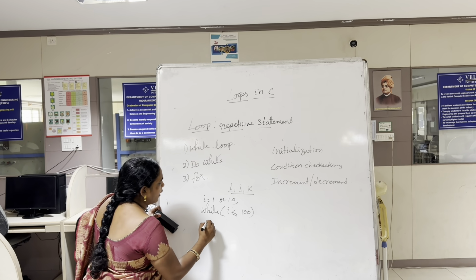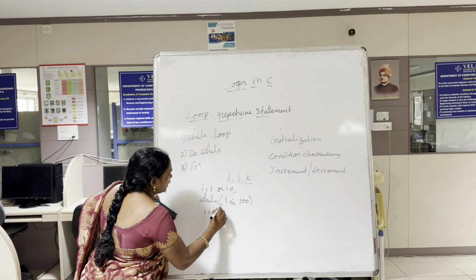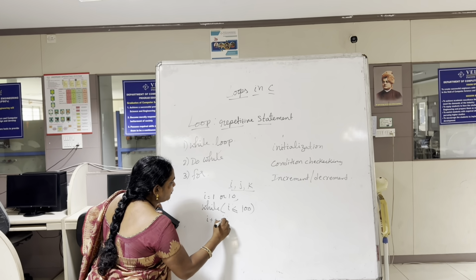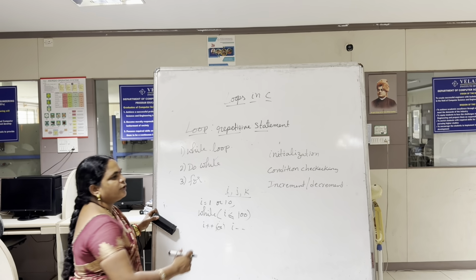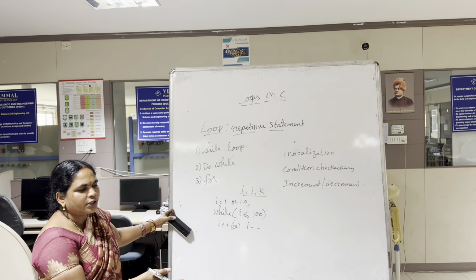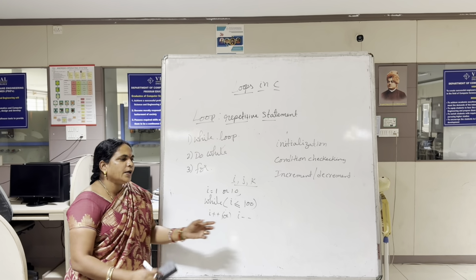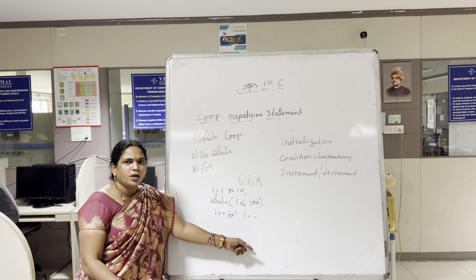Then we have to increment or decrement the value, and this can be either pre-increment or post-increment, and in the same way pre-decrement or post-decrement can also be done over here.